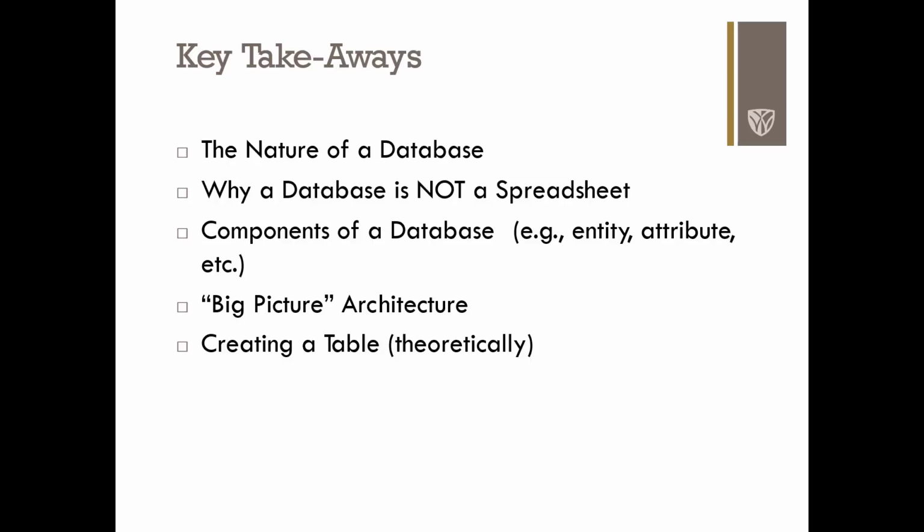Each entity is described by a certain number of attributes and so on. In terms of the big picture architecture, the database management system is the software that stores and retrieves data from a database. Applications are built to interact with the database through the database management system. And we learned a little bit about creating a table, or at least defining one in terms of the name of the table and the attributes that would be considered with it.